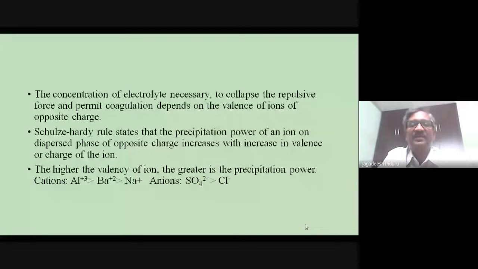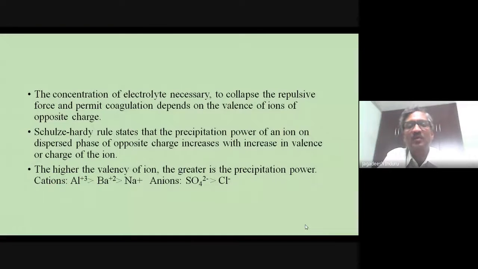If you are adding some sodium salt, that is alkali, the PO4 will be neutralized, forming sodium dihydrogen phosphate, and then it will become divalent. If you add some more alkali, it will neutralize further and form Na2HPO4, and then it will become monovalent.